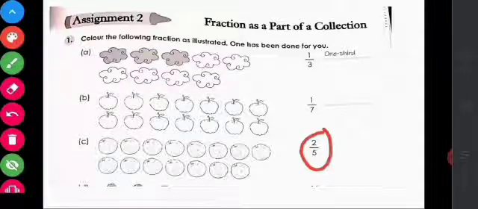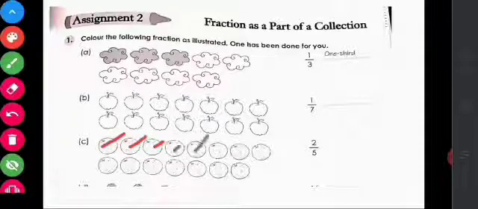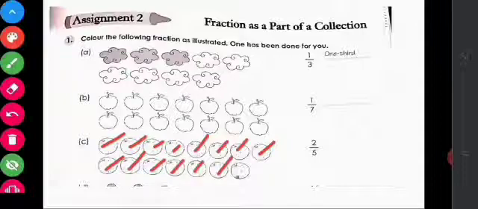The total number of equal parts is 5. So here count how many oranges. 1, 2, 3, up to 15.